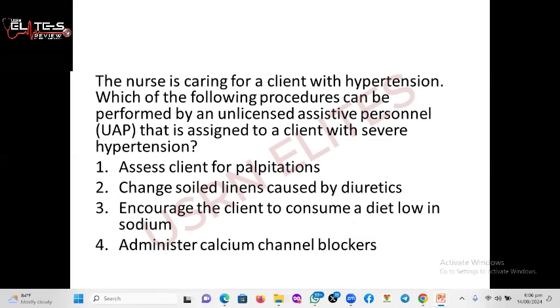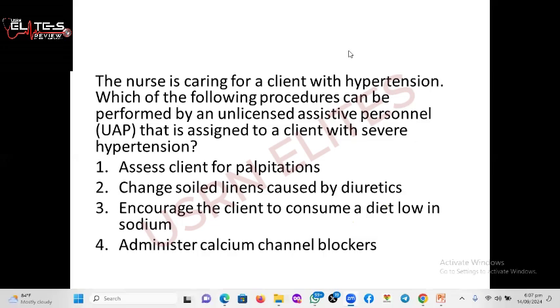There's one question on hypertension I wanted us to do. I wish I could get to that very soon. But this is on delegation. The nurse is caring for a client with hypertension. Which of the following procedures can be performed by an unlicensed assistive personnel, that is a UAP, that is assigned to a client with severe hypertension?